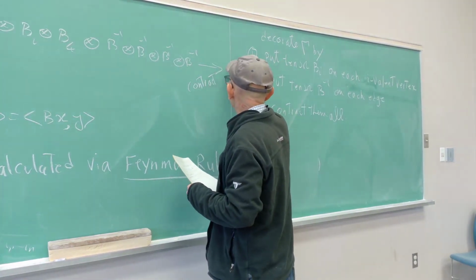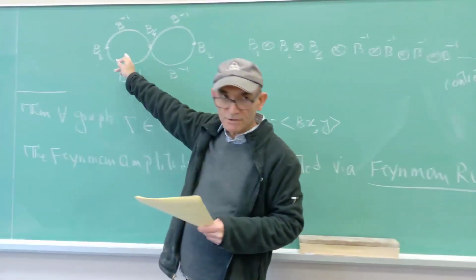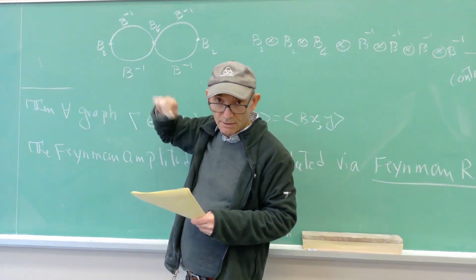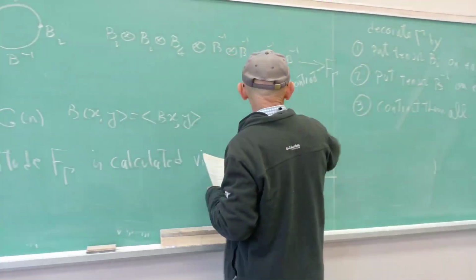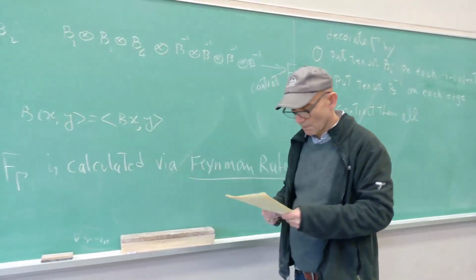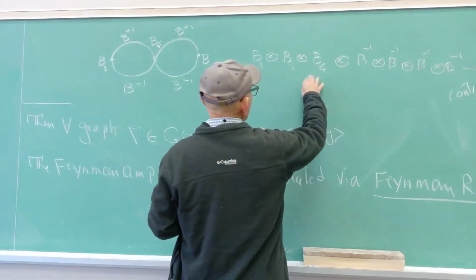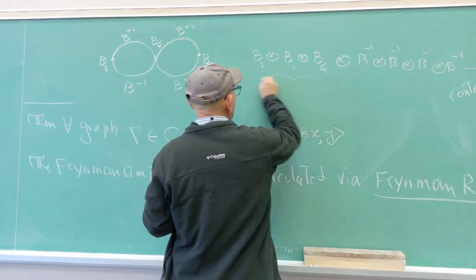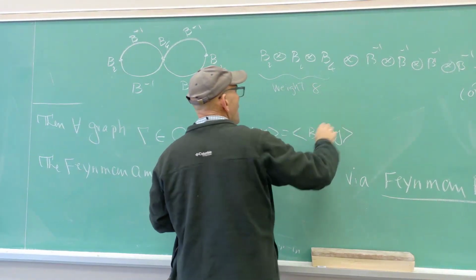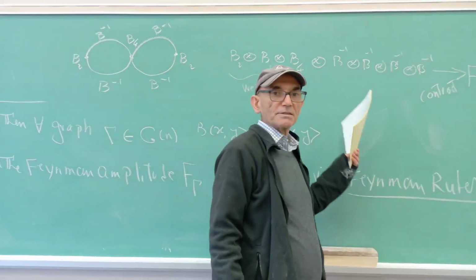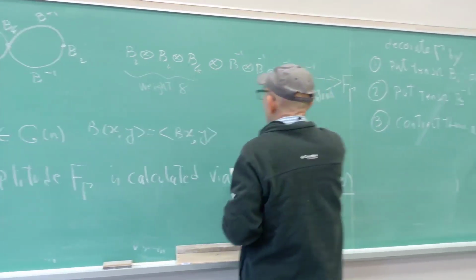You get F_gamma, the Feynman amplitude of this graph for that kind of action functional. So notice that we have here something that has weight 8, and here is also weight 8, but it's a dual space so that we can pair them.